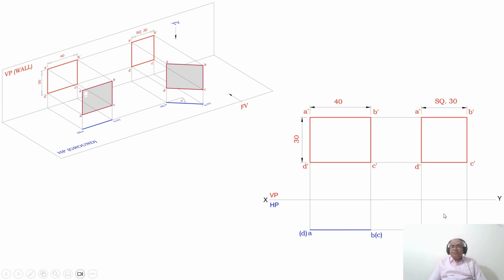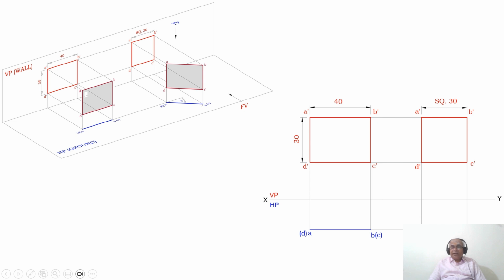Now similarly, you draw a vertical projector from B dash and C dash to the top view, and you measure the distance from A to B using the compass, and you transfer from this point A onto this vertical projector which was drawn, and then join A to B with a dotted line. You mark them as B and C in bracket.